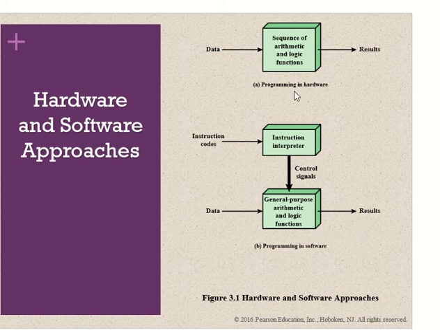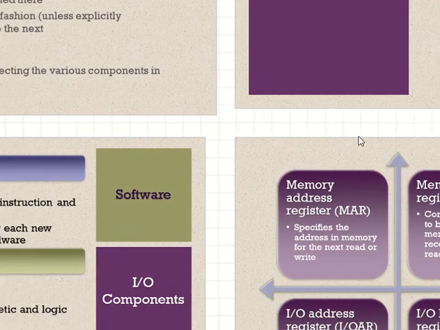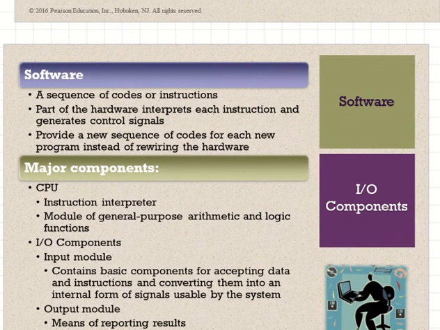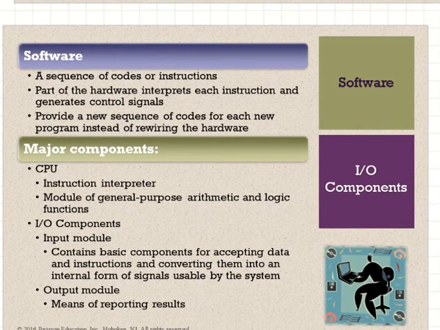So this is the idea of programming in hardware and programming in software. Let's move on to hardware, software, and then the major components. When you look into the software, it's a sequence of instructions.